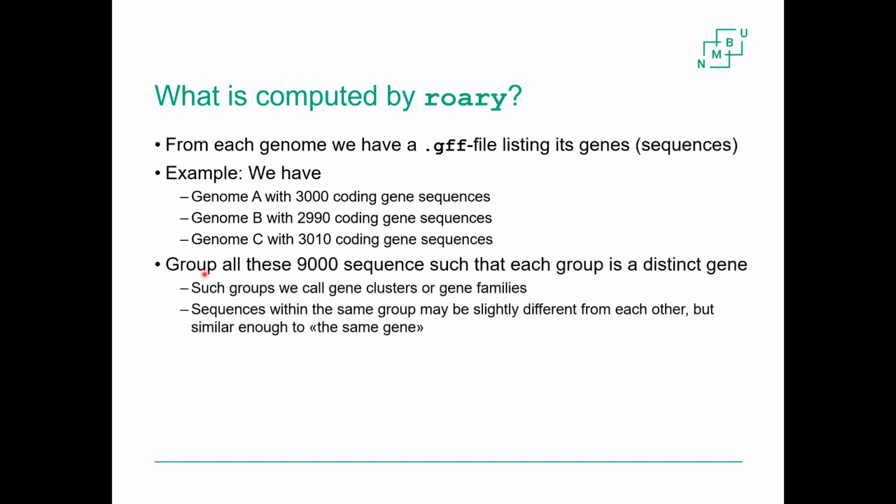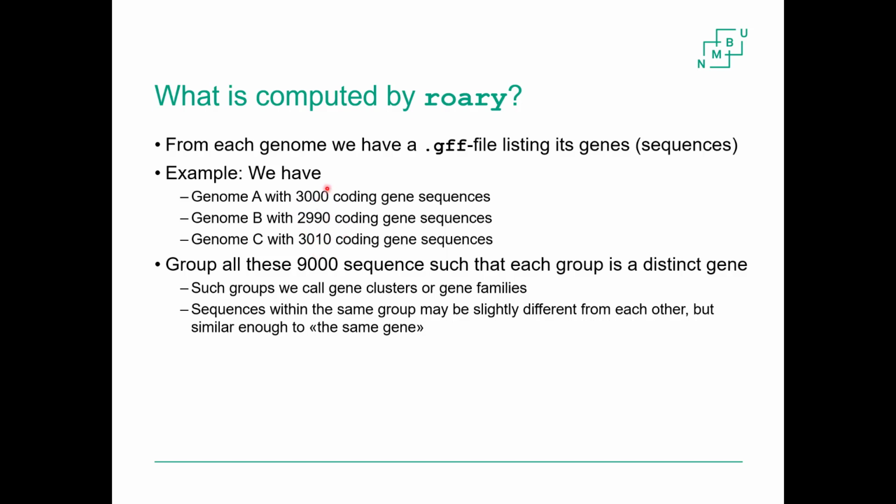And then what we need to do now, and what Roary is doing for us, from all of these 9,000 sequences, because there are 9,000 if you add them all together, we want to group these sequences such that each group is a distinct gene. So it means you have to take each sequence here and compare to each of the 9,000 sequences, and the same for the other 2.